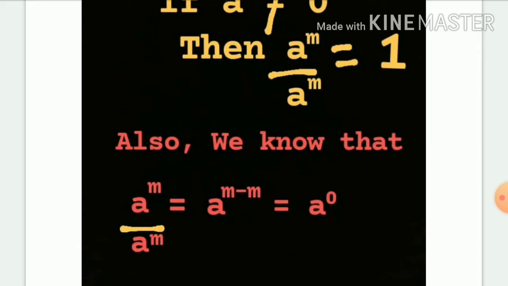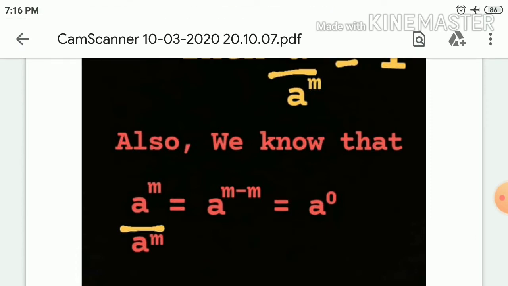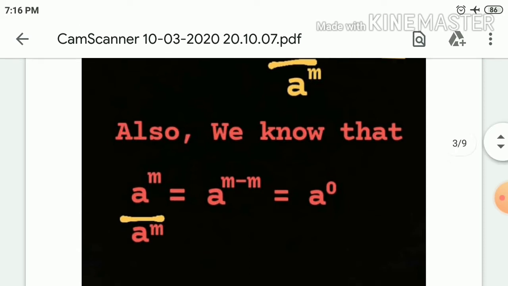In that earlier case, two different bases and two different indices were there, but here two same bases with the same index are getting divided. So what will happen? A raised to m minus m, and m minus m is 0. So a raised to 0.